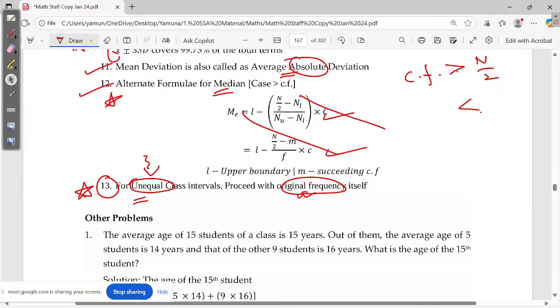You can turn to the earlier topic. Probably it will be in the last 3 or 4 pages.